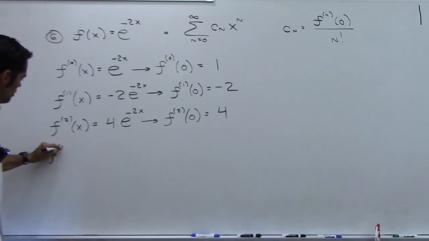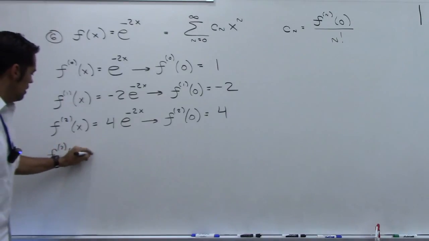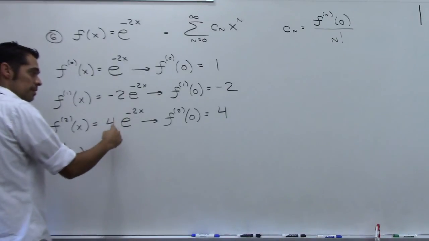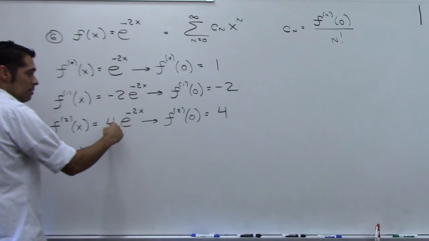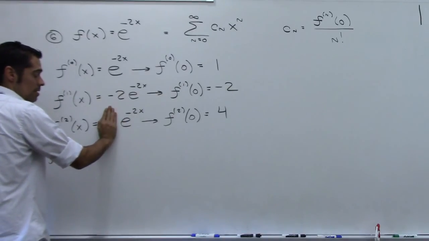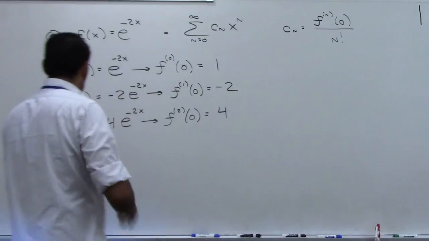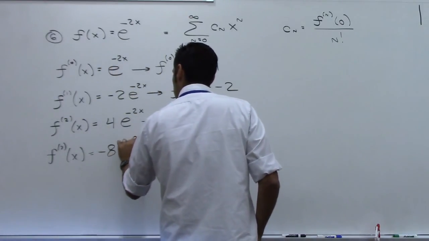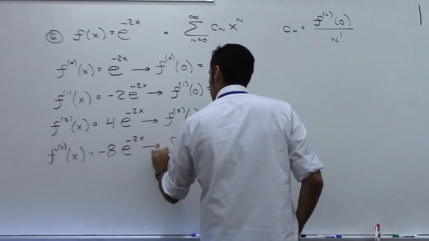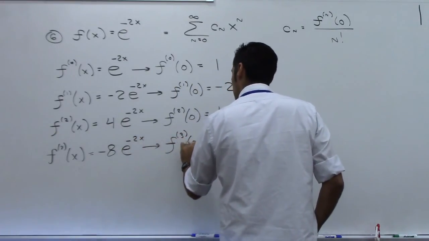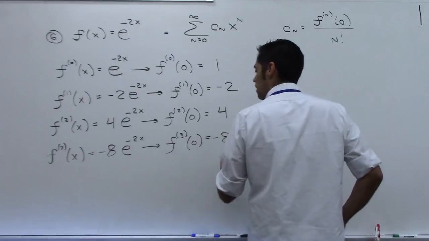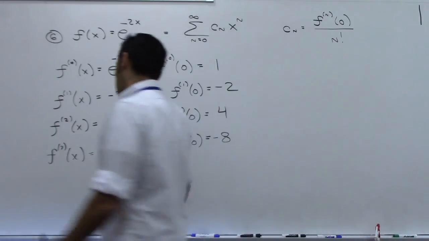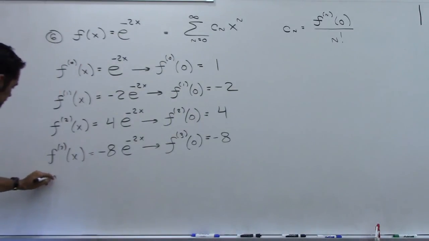When I do my third derivative, another negative 2 is going to come out, so that's going to turn this into a negative 8 e to the negative 2x. If I plug in 0, I just get negative 8. And let me just do one more, the fourth derivative.